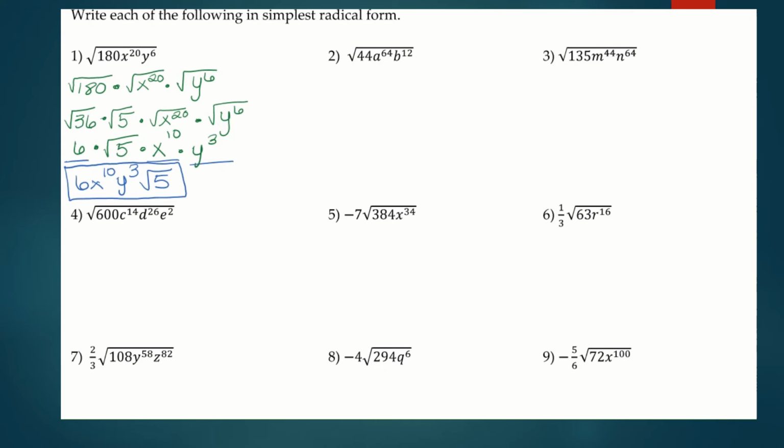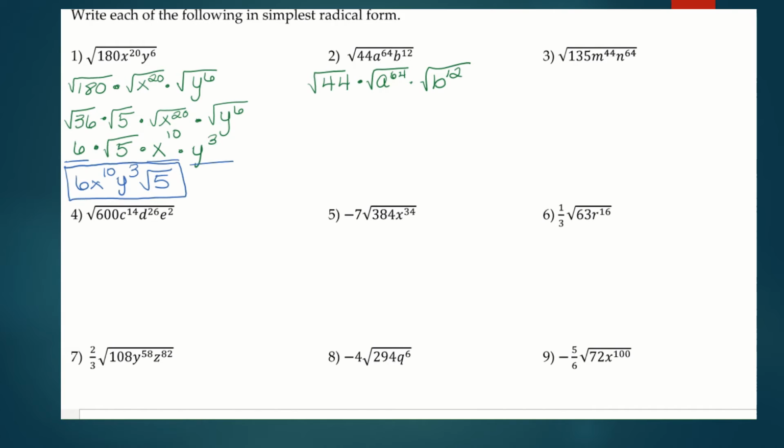Okay, so continuing on with number 2, the square root of 44 a to the 64th power, b to the 12th. We're going to take the square root of that. All right, so starting out, I'm just going to break all of this apart for a second. So the square root of 44 times the square root of a to the 64th power times the square root of b to the 12th power.